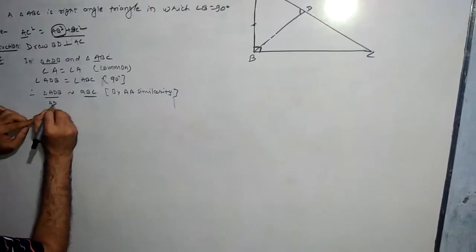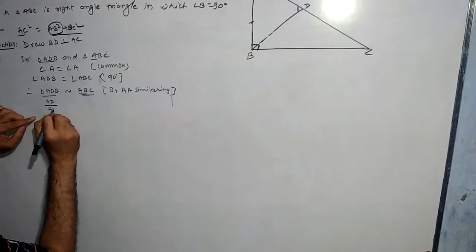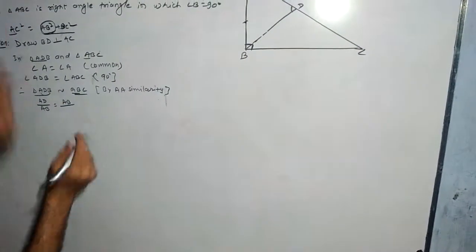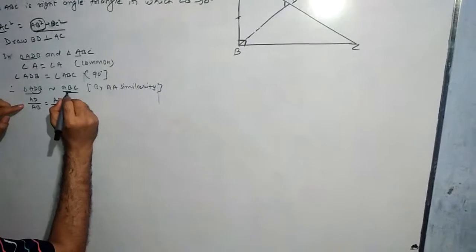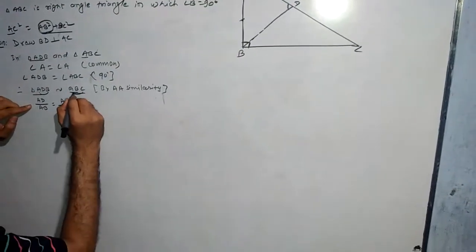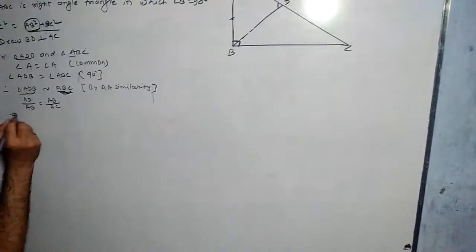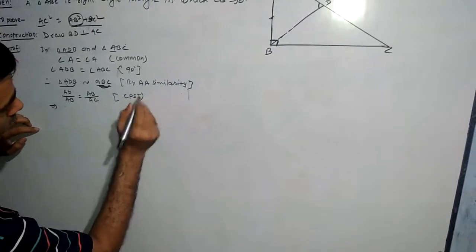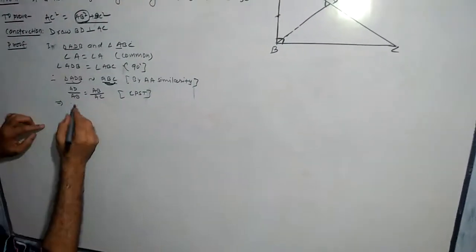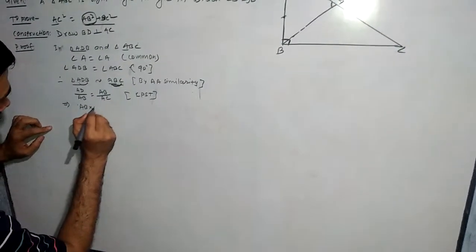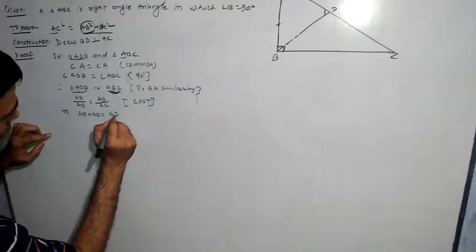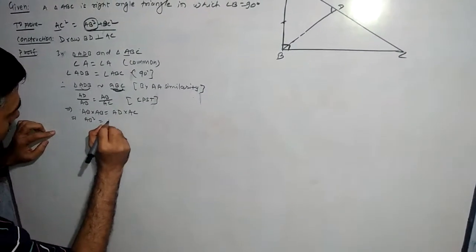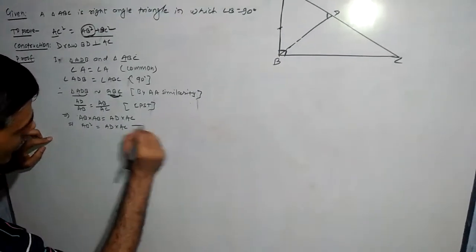In triangle ADB, AD, and in triangle ABC, AB, equal to AB by AC, like this, after cross multiplication, by CPST, corresponding parts of similar triangles. It means AB into AB equal to AD into AC. AB square equal to AD into AC, equation number 1.